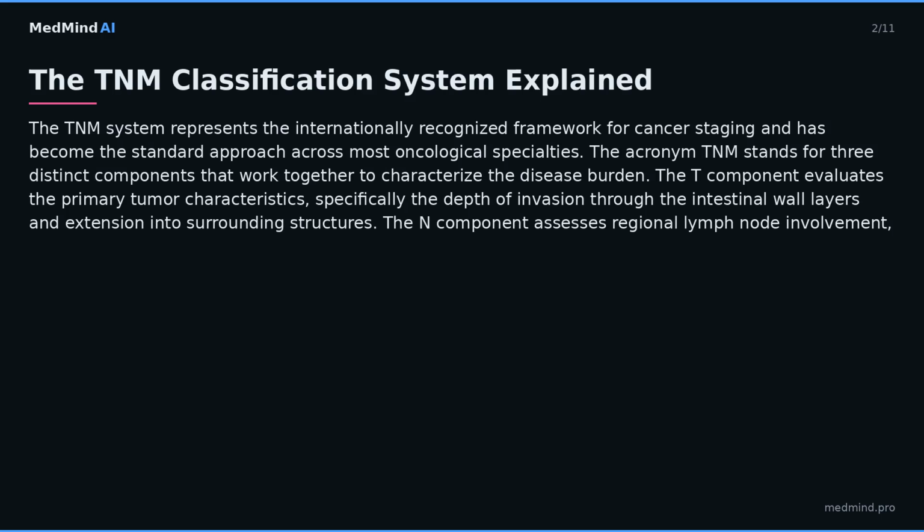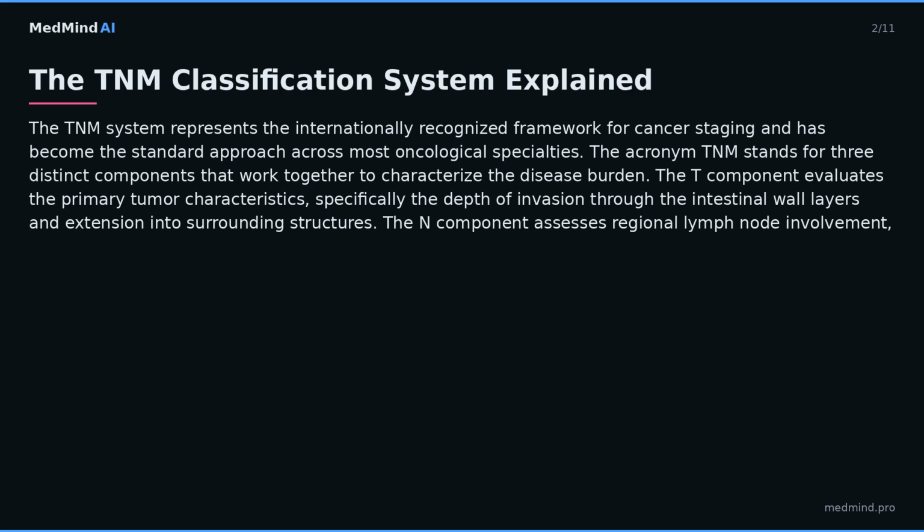The TNM system represents the internationally recognized framework for cancer staging and has become the standard approach across most oncological specialties. The acronym TNM stands for 3 distinct components that work together to characterize the disease burden. The T component evaluates the primary tumor characteristics, specifically the depth of invasion through the intestinal wall layers and extension into surrounding structures.